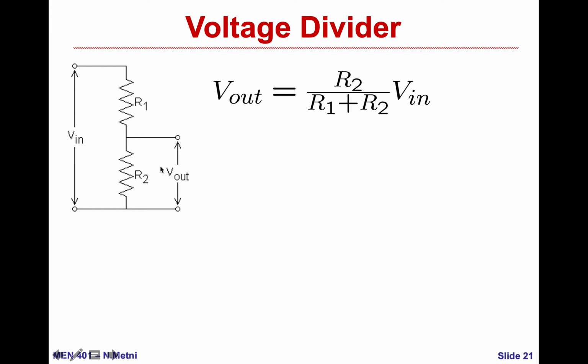Now this R2 resistance can be changed to be a sensor. I put a Vn, a constant DC power supply whose value I know, and I measure the value of V out.